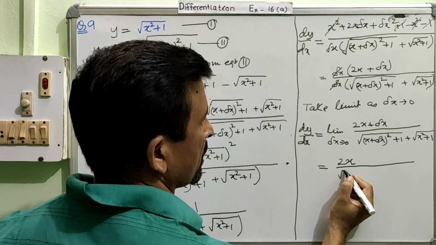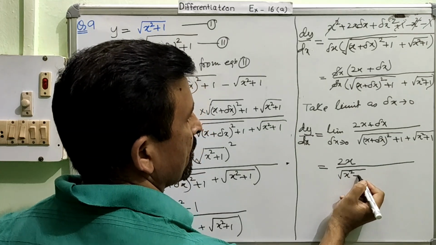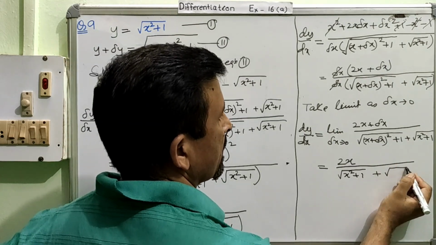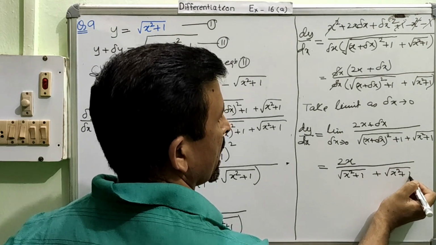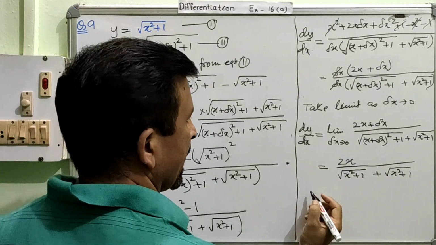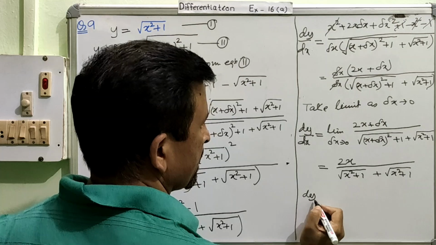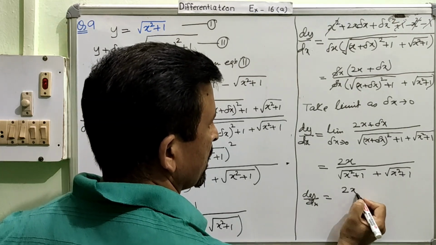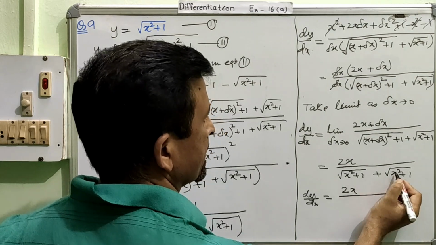So this is root over x square plus 1, and then you have another term, root over x square plus 1. Clear or not? Now these both are the same, no? So we can add it. Left hand side dy by dx, right hand side 2x over, they are like terms, so they can be added.